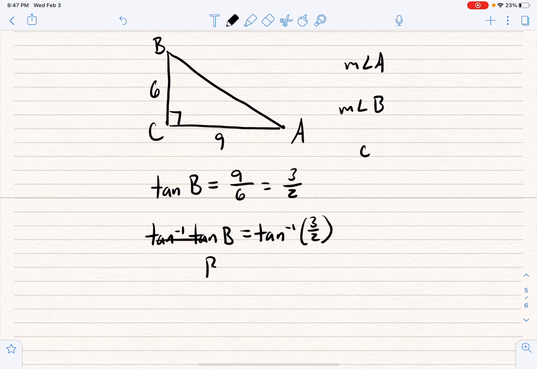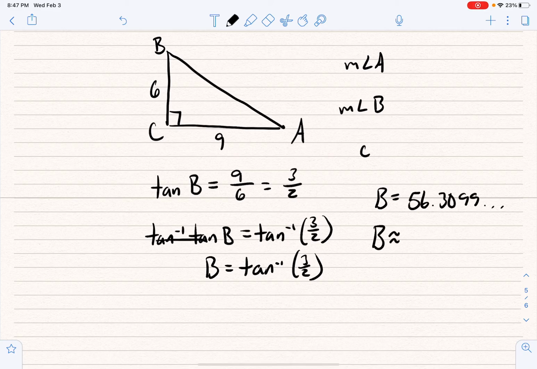These cancel out, and B is equal to the inverse tangent of 3/2. So grab my calculator, inverse tangent of 3 divided by 2, close the parentheses, and I get 56.3099 something. So we'd say B is approximately 56 degrees. So if B is 56 degrees, then we know that A is 34 degrees.